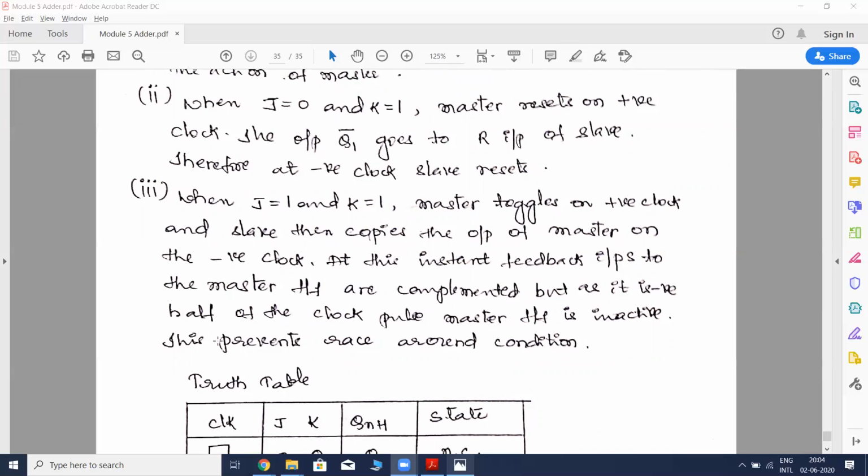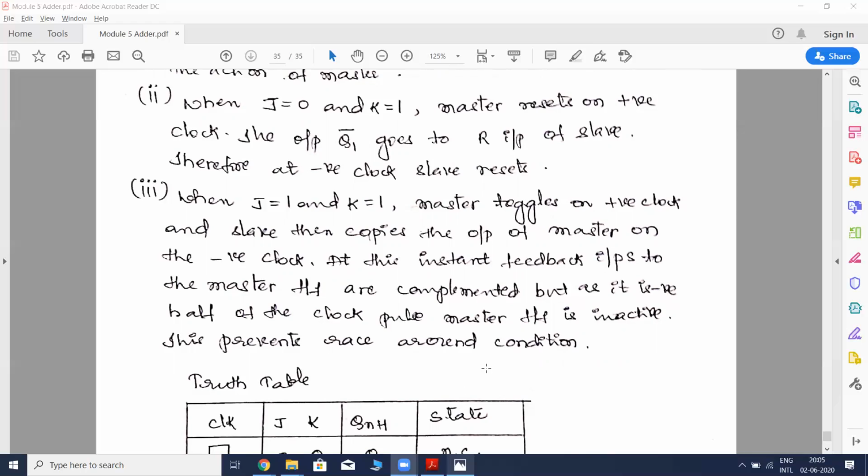At that instant, the feedbacks given as inputs to the master are complemented, but it is the negative half of the clock pulse, so our master is inactive. Because of that, it will prevent the race around condition.